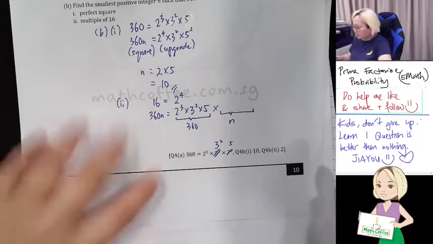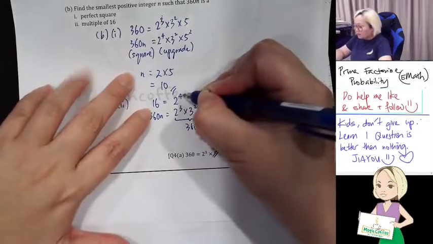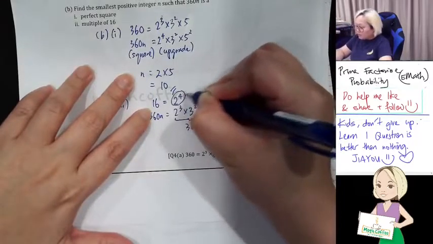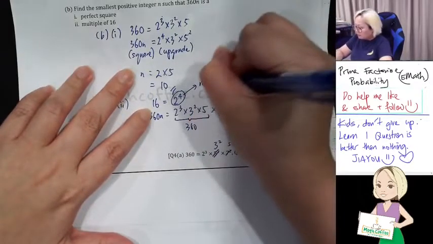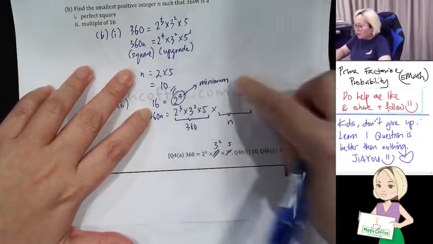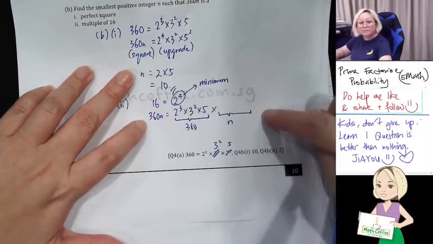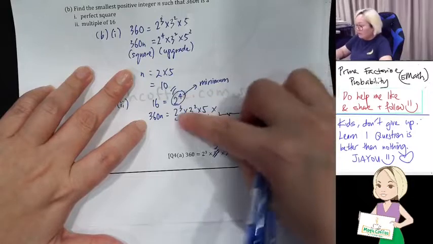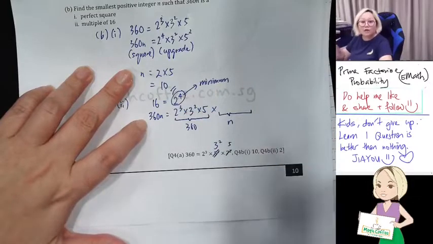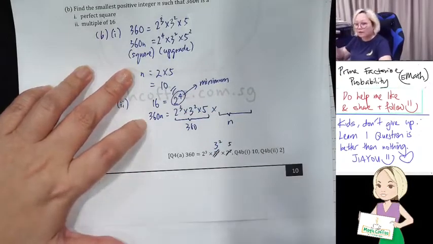So you look at your 16, this one. That means this is the minimum that you must have. You can have more, but you cannot have less.